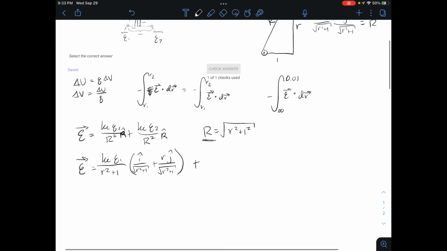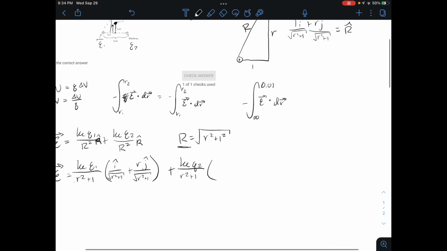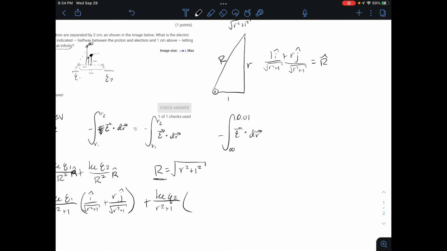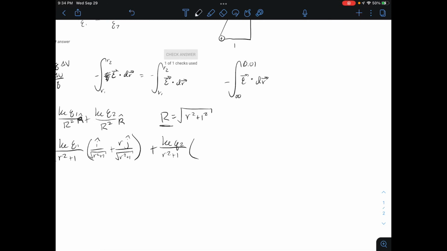Plus, we do the same thing for the electron, which is going to be Ke Q2 over the same r, same magnitude, r squared plus 1, times the same unit vector, except negative in the x direction instead. So that's going to be negative i hat over the square root of r squared plus 1 plus r j hat over the square root of r squared plus 1.